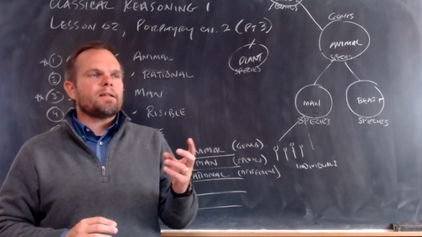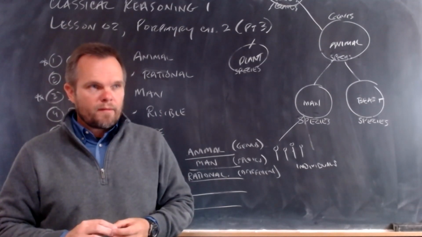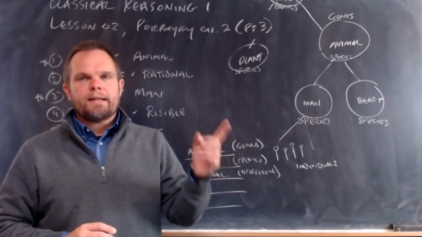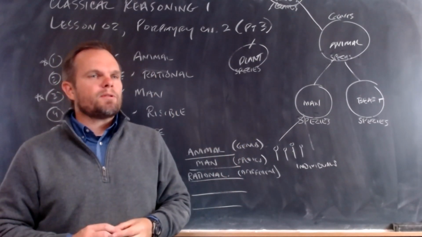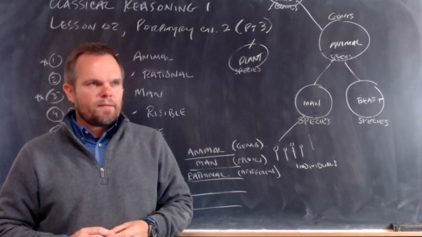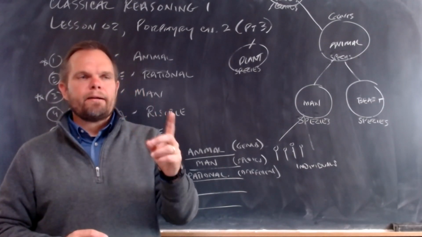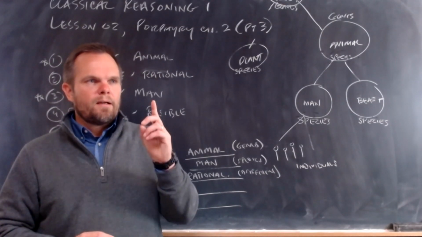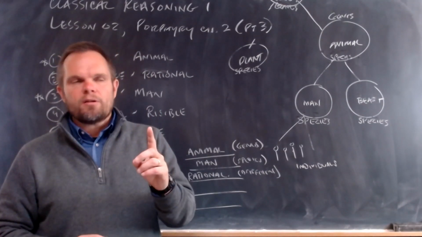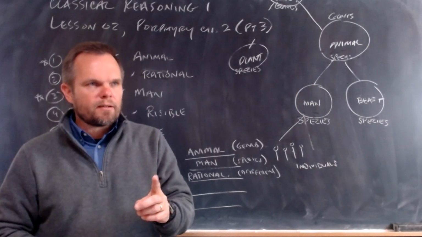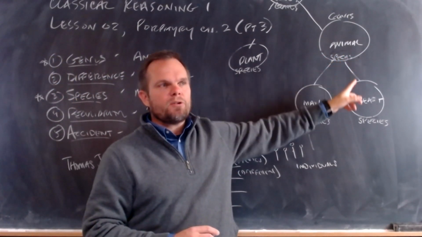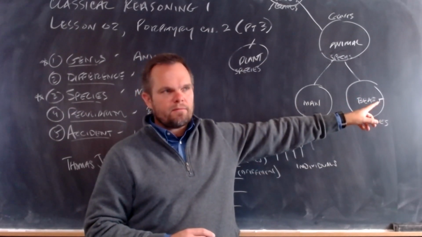And the answer is rational. Some of these animals are rational, and some are not rational. That's the characteristic. Pay attention to me. Rational is the characteristic that divides all animals into two species.